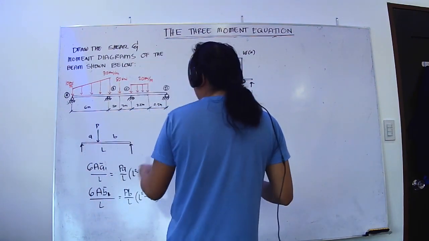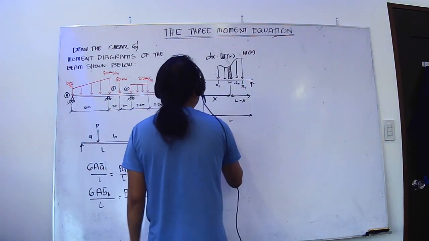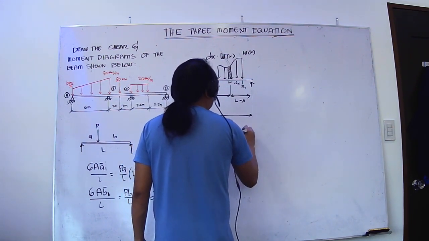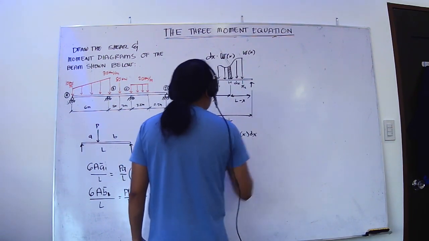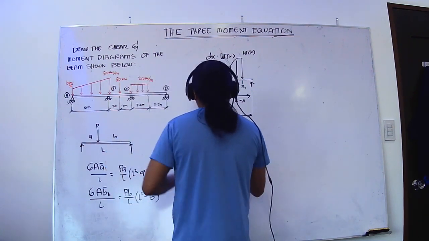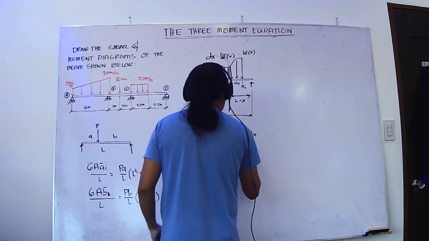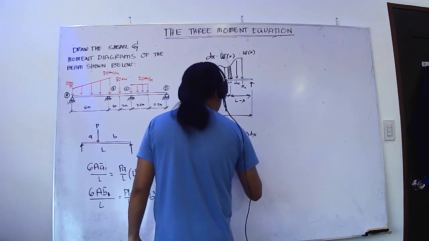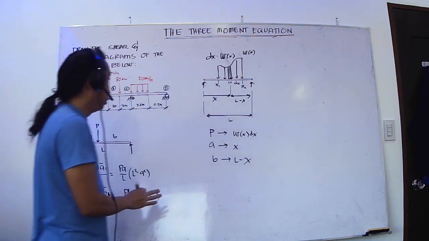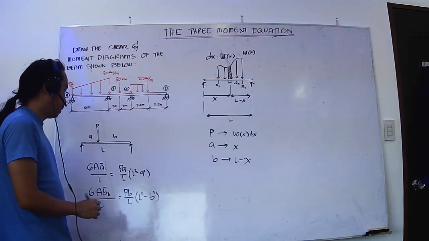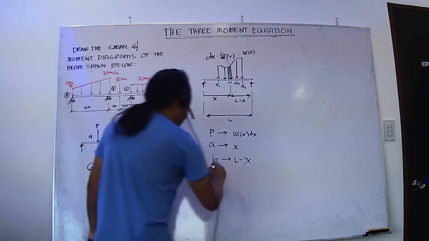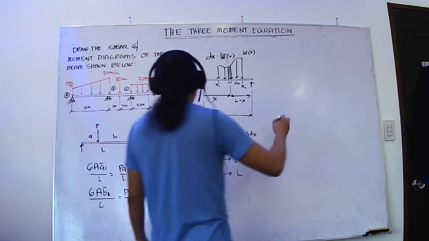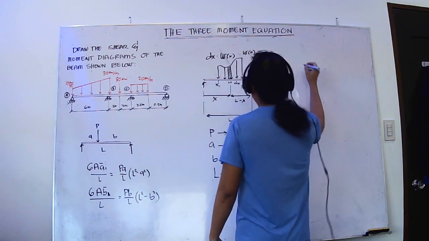For this case, our P would be W X dx, our A would be x, and our B would be L minus x. Of course, L will still be L and will never change.